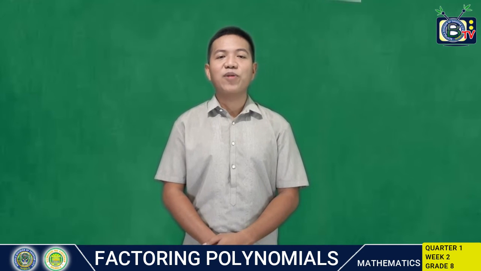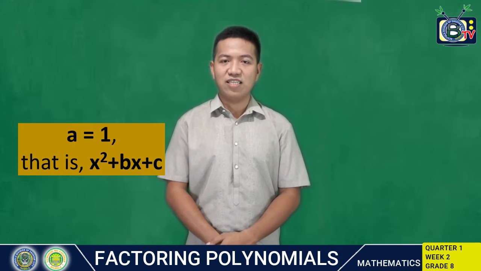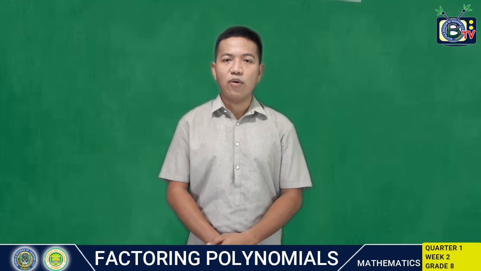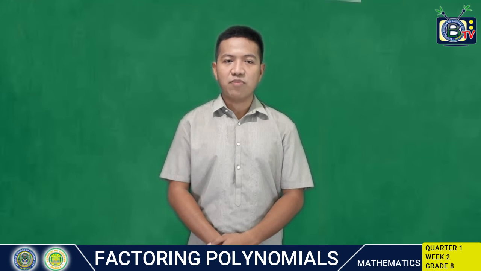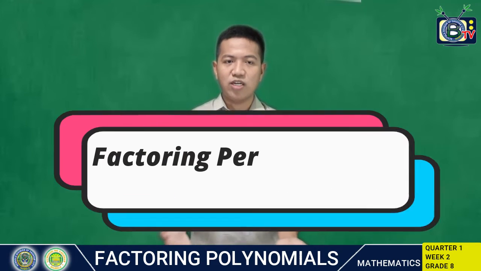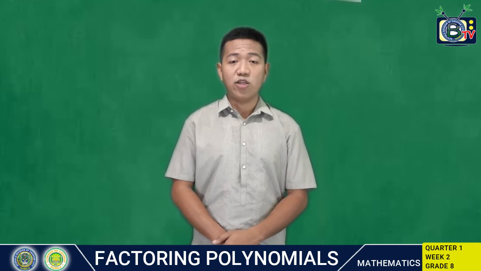The product x squared plus 5x plus 6 is of the form x squared plus bx plus c, where the coefficient of the squared variable is 1. Now, if the constant c is a perfect square, then proceed to factoring using factoring perfect square trinomial. If not, factor the product as two different binomials.